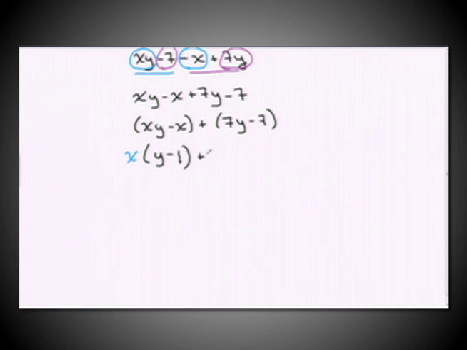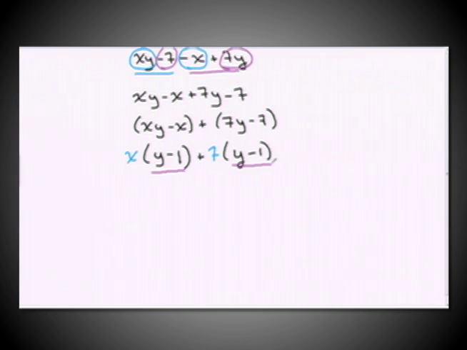Moving on to the second group, we have a common factor of positive 7, and when I divide positive 7 out of each of the terms, I'm left with y, and once again negative 7 divided by 7 gives me negative 1. Now you should recognize that we have a common binomial factor.